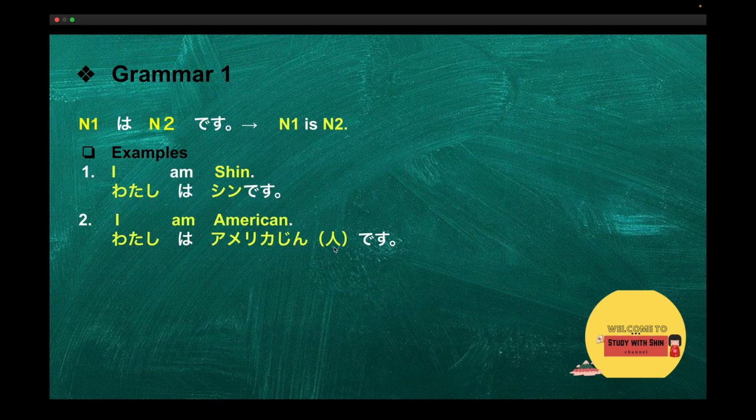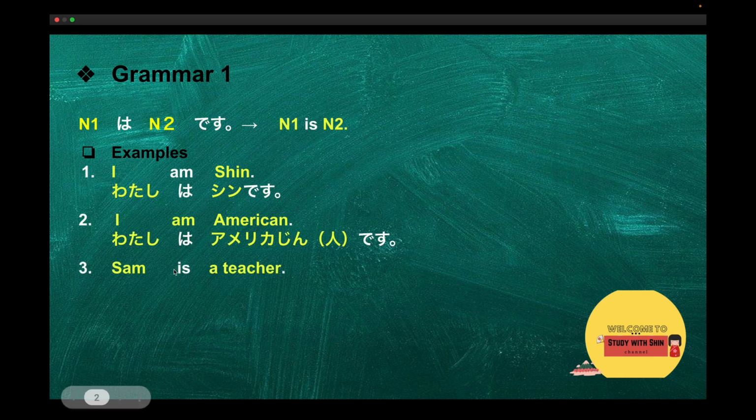I will add kanji in the brackets in order for you to familiarize with them as soon as possible, because when we learn Japanese, first we learn hiragana and katakana, but eventually you will have to learn kanji too, so it's best to familiarize with them early. You don't have to know every kanji or memorize all of them, but let's now focus on the grammar points. This grammar is very simple and basic, but also very useful.